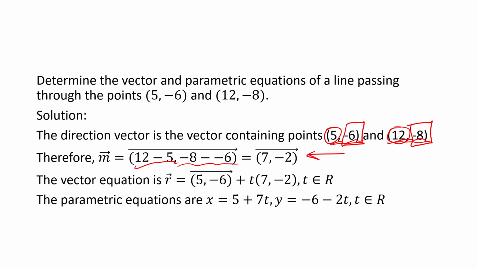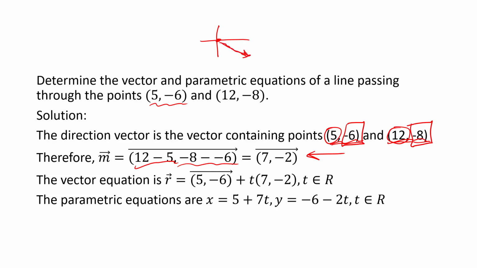Now, since (5, -6) is a point on the line, I can say that if we begin at the origin and travel the vector (5, -6), we will end up at a point on the line. It'll put us in position on the line.